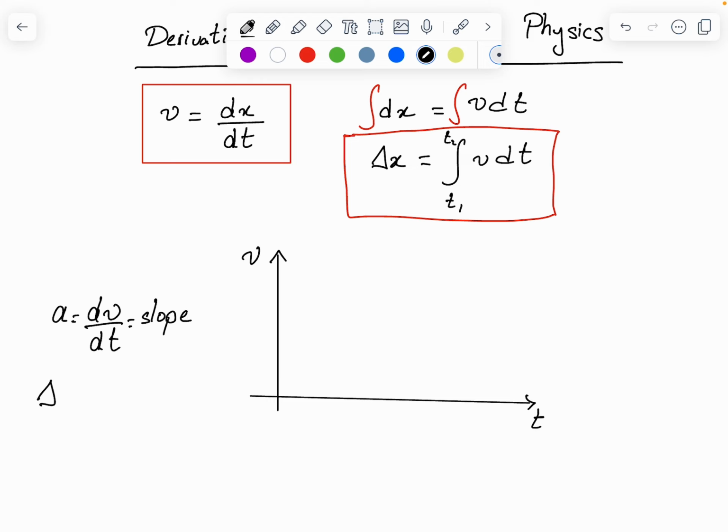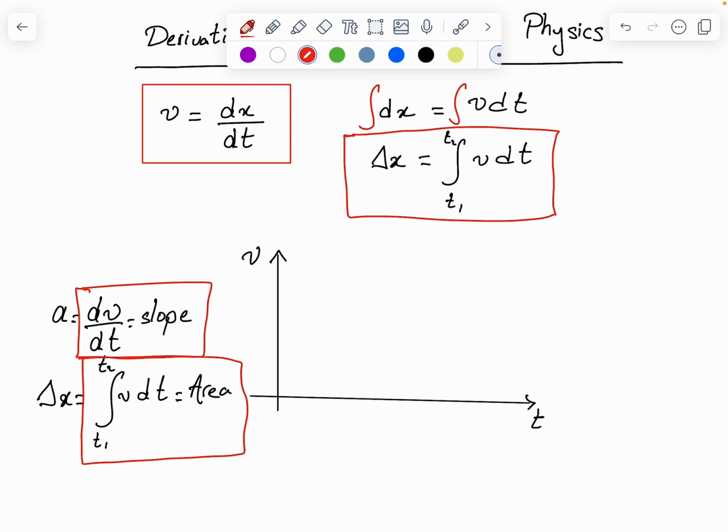And delta x is the integral of v dt between time t1 and t2. What is the integral? It is the area. So this is very important. The derivative is the slope. The derivative is the slope. And the integral is the area.